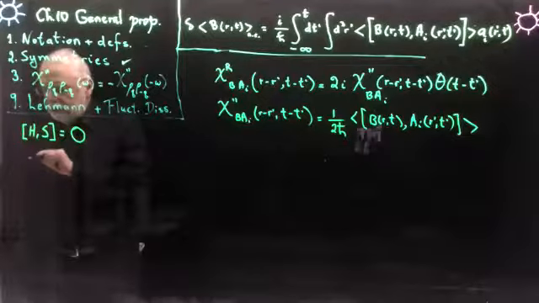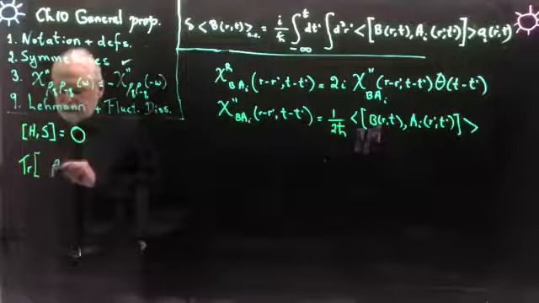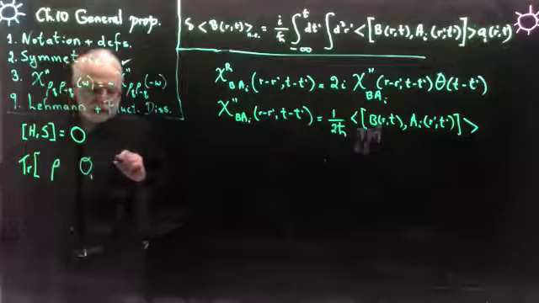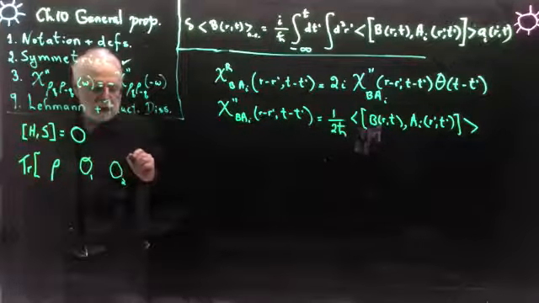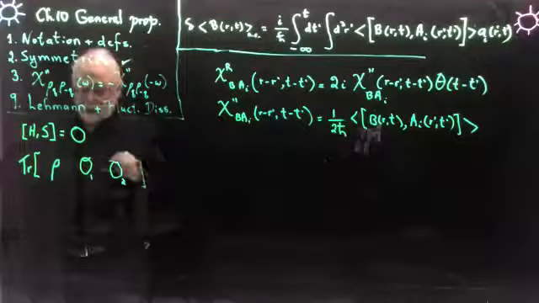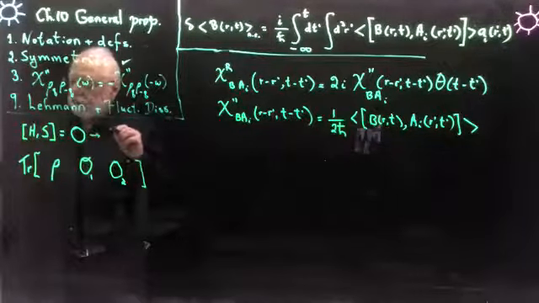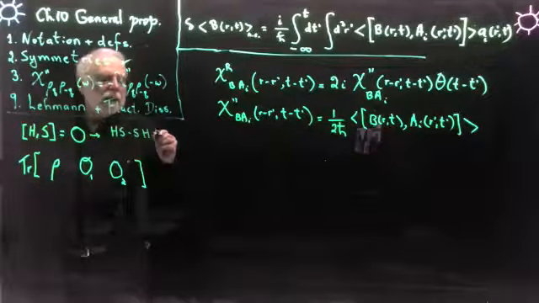Well, when I compute the trace of some density matrix, e to the minus beta H, or H minus mu N, times some operator O1 and some operator O2, for example, then you see this quantity tells us that HS minus SH equals 0.